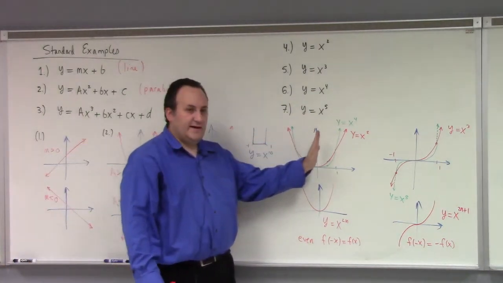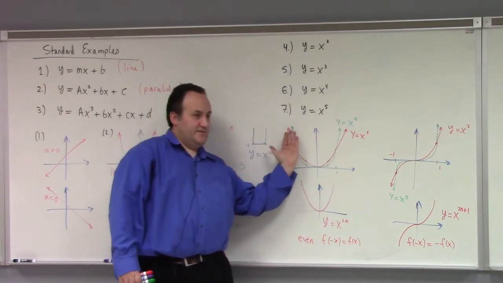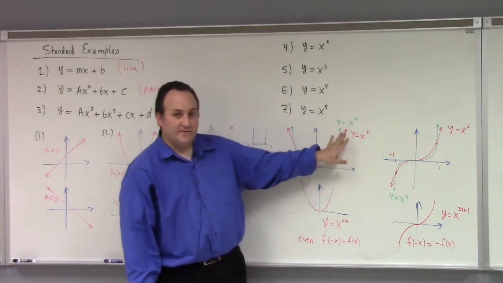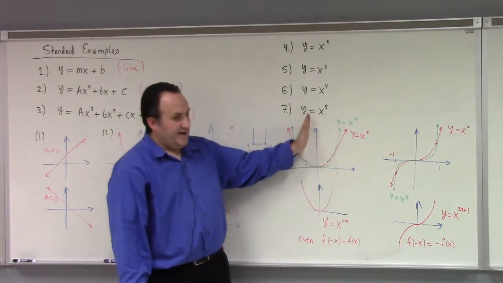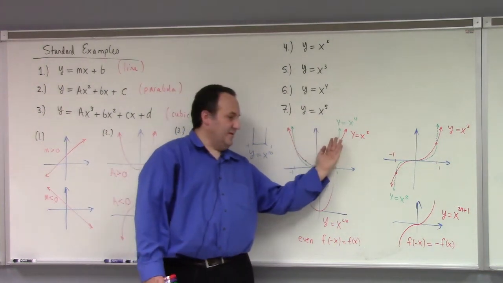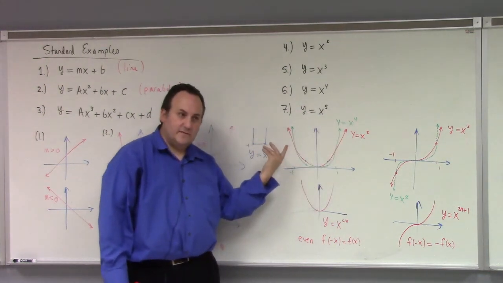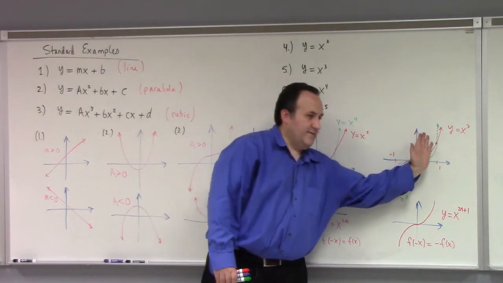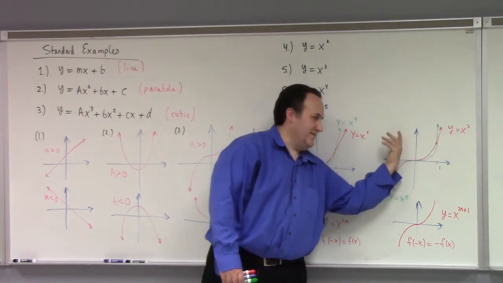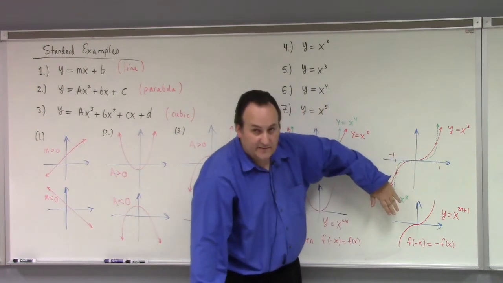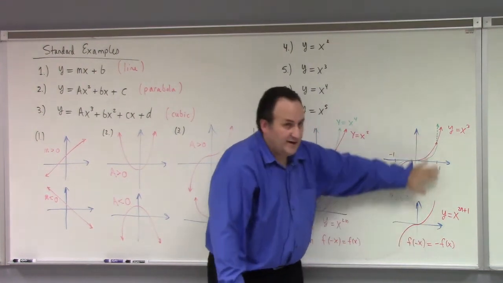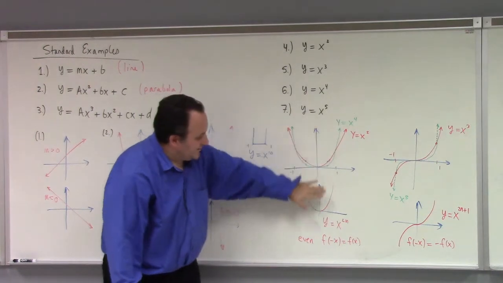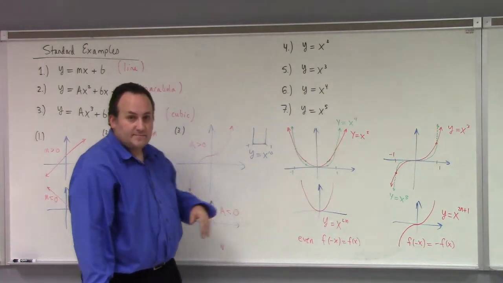Whatever's to the left of the y-axis just mirrors over and gives you the right half, and vice versa. If I give you the right half of an even graph, you can just flip it over the y-axis and get the left half. With an odd graph, whatever you have on the right, you flip over, and you have to reflect it down to get on the left. So these are examples of odd functions. These are examples of even function graphs, right?